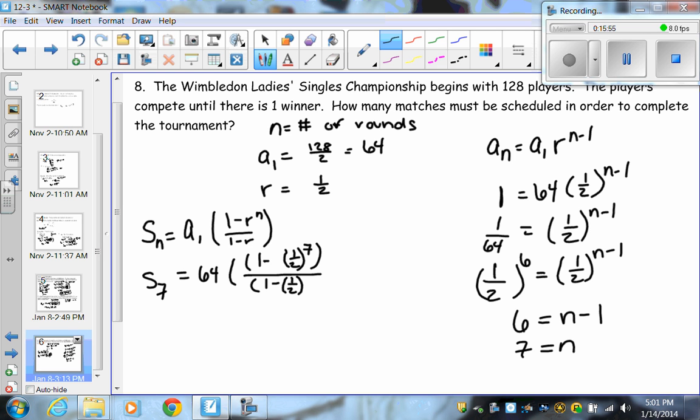Again, make sure that we put our fractions in parentheses. If you type it in exactly like you see it, with the same parentheses that I have, you should get 127. So the answer to the question, how many matches must be scheduled in order to complete the tournament, is 127 matches.